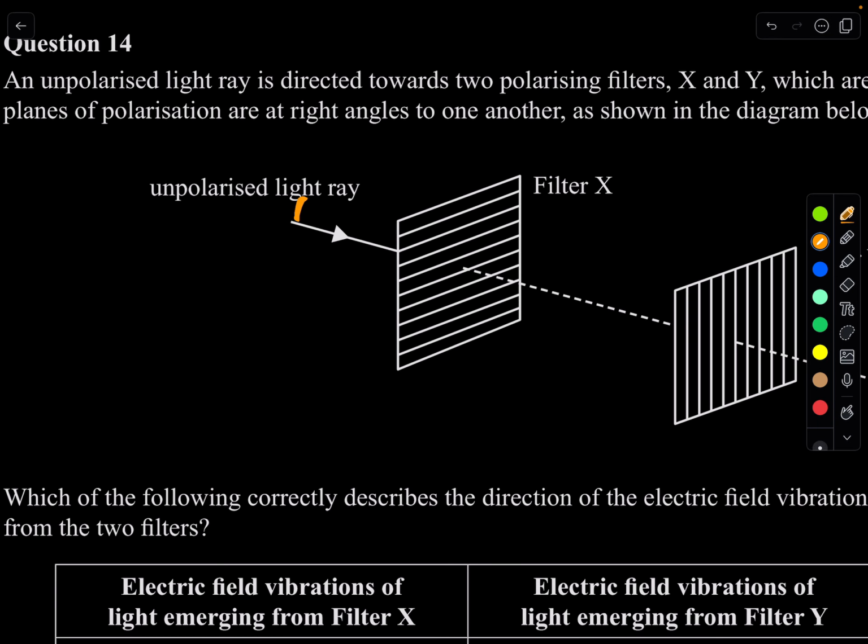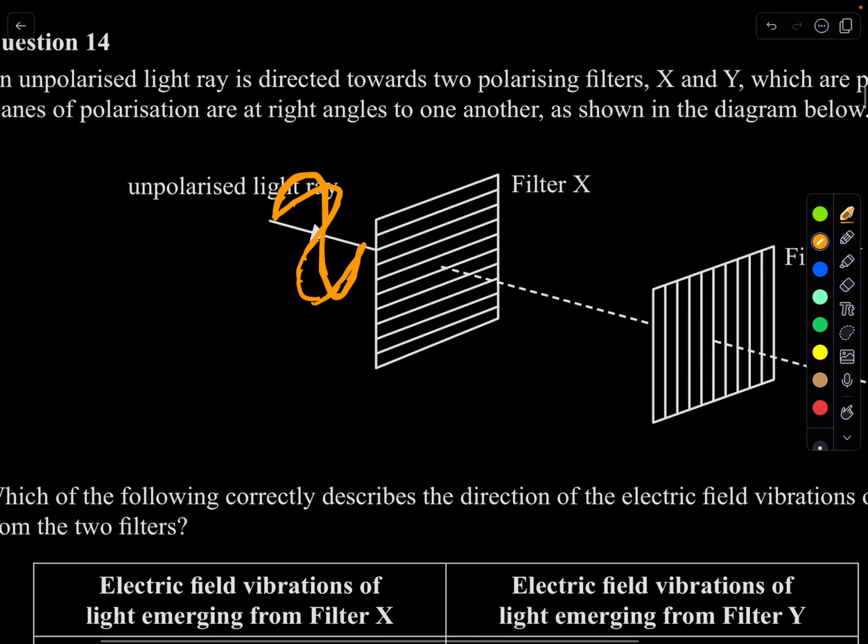So imagine we have a wave that's going to go like this in the vertical direction. And we're also going to have a wave that's going to go in the horizontal direction, like this. And as they pass through filter X, it's going to filter only the horizontal, and it's actually going to delete that vertical.